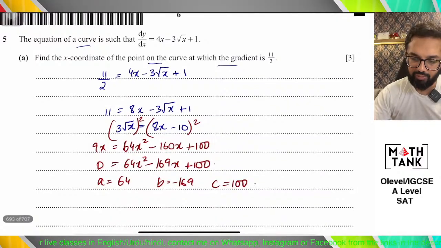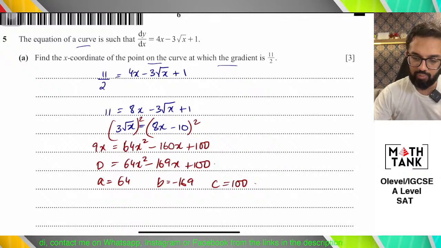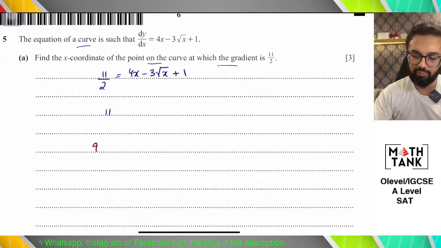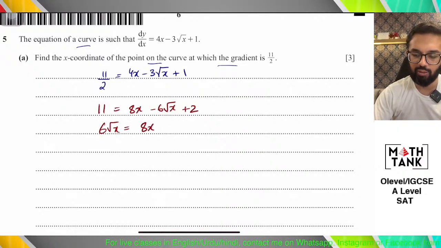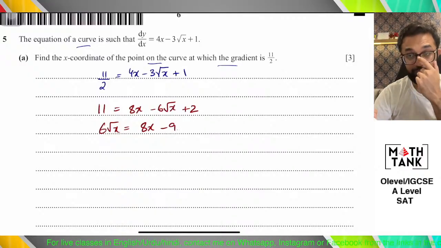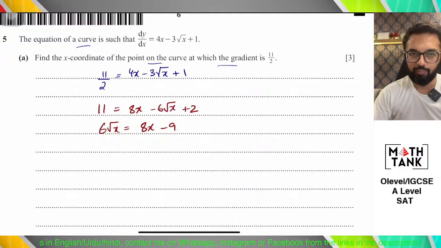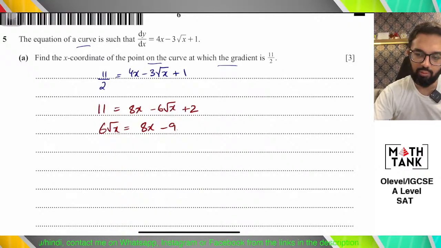I think I've missed a number. I have to restart this. So cross multiplying gives me 8x minus 6 root x plus 2. 6 root x is here, 8x minus 9. Then you square both sides.